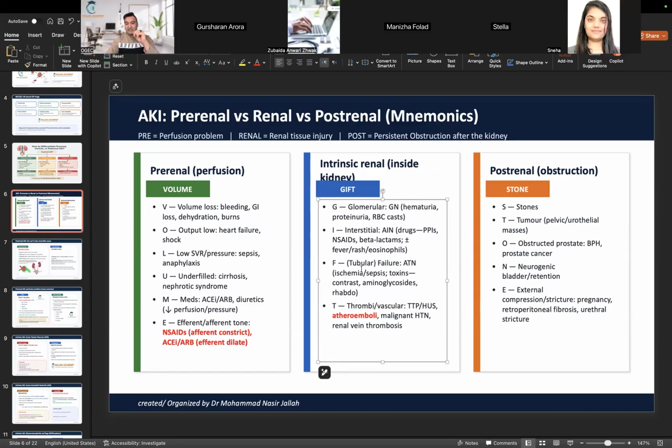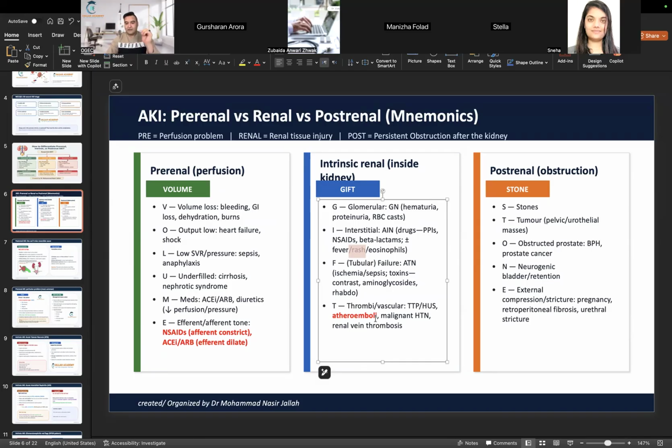Remember that we have eosinophilia in interstitial nephritis too, but there's a difference. They have a different type of rash, but this one will have livedo reticularis. I will show you the picture. It is very specific to small vessels under the skin that get damaged.